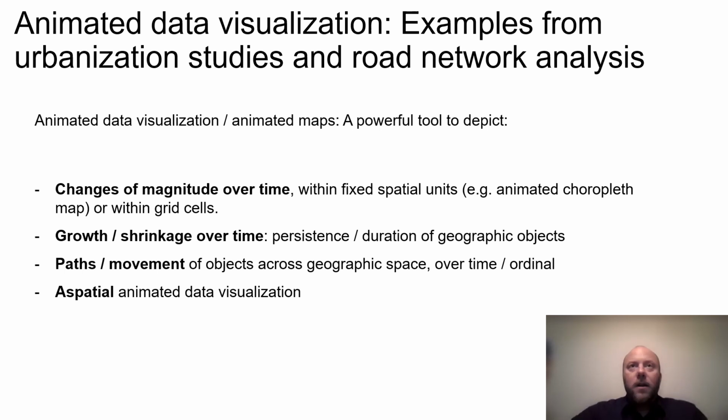You can think of animal movement trajectories that are collected through these GPS sensors. You've probably seen that. Or we can also think of aspatial, so non-geographically related, animated data visualization. Changes of magnitude over time within fixed spatial units.